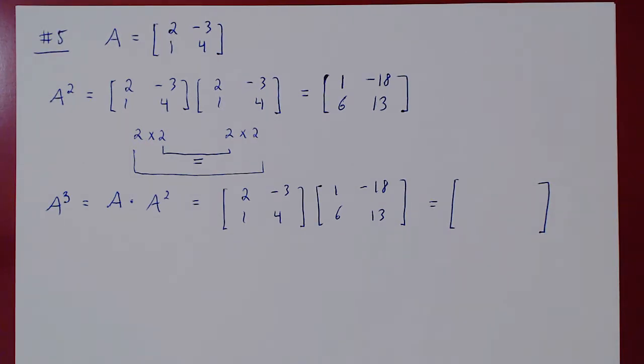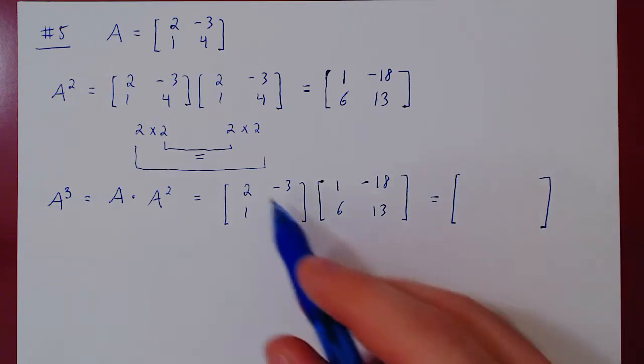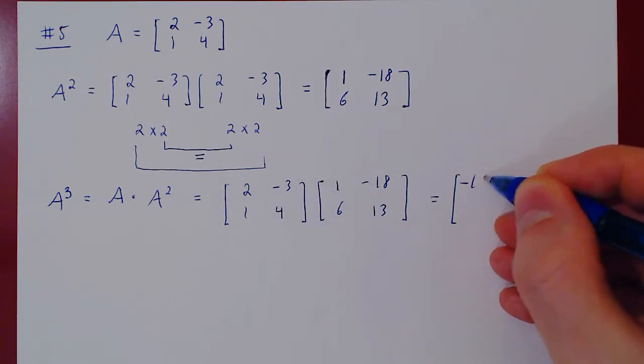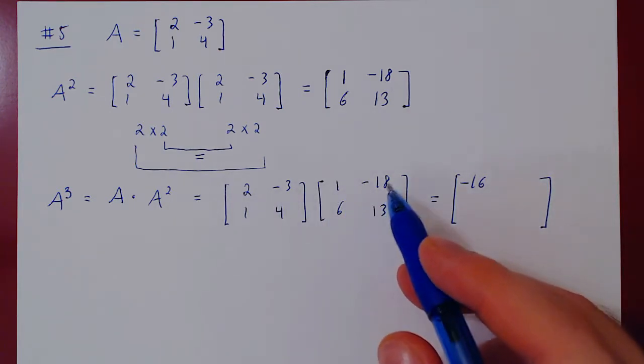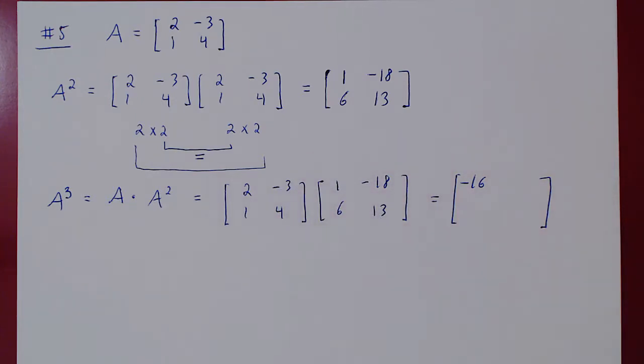Let's see. Again, we construct our first row. So 2 minus 18, minus 16. Then we'll have 2 times negative 18, negative 36, minus 3 times 13, negative 39.